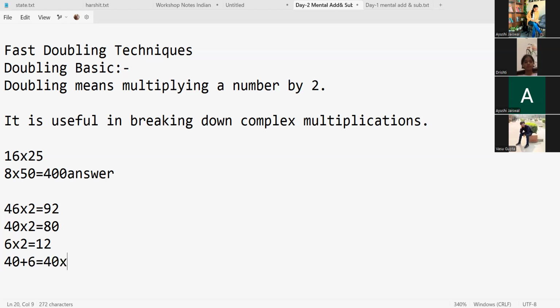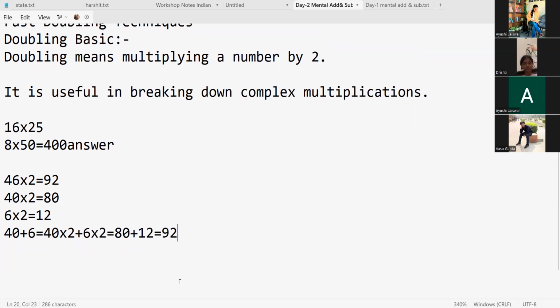First 40 multiplied by 2 plus 6 multiplied by 2, and then we combine it. That is 92. Clear? So in other forms, we also know this separate and combine rule.